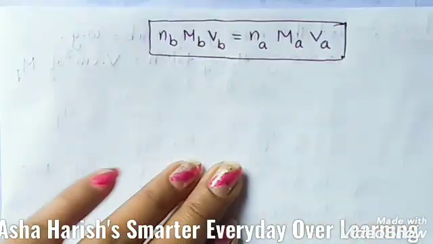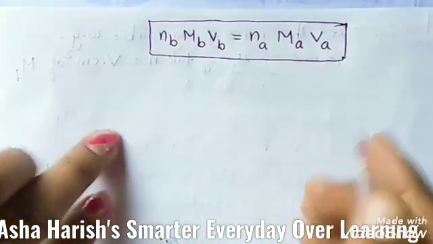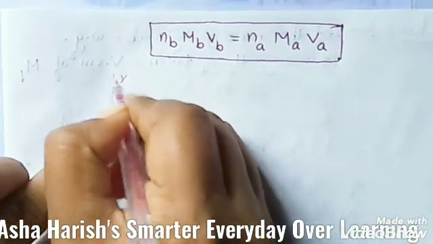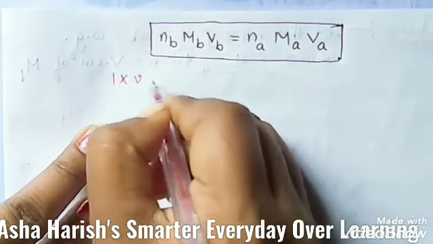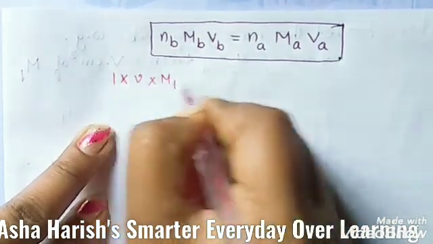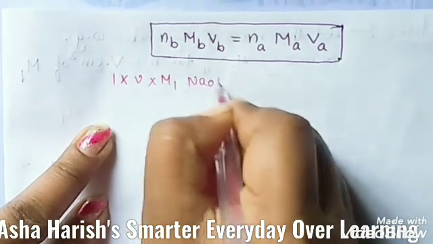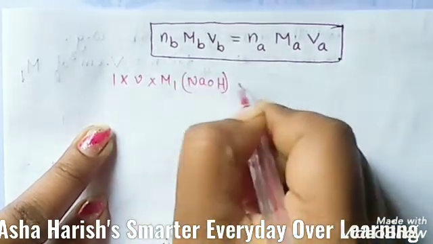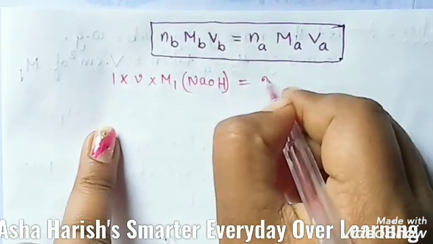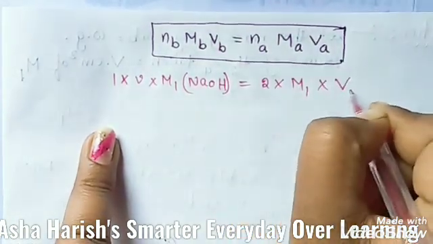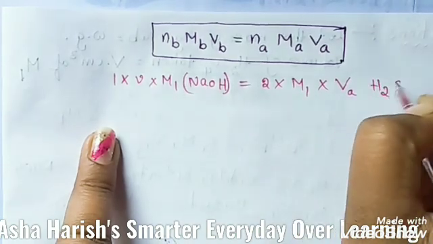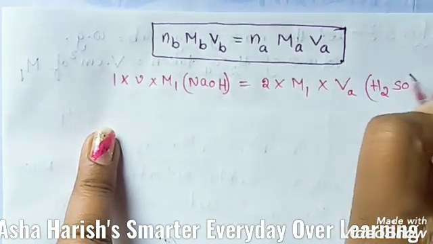Okay, basing upon this molarity equation, 1 into small v into M1, that is molarity of NaOH, this is the alkali solution, is equal to nA means 2 into M1 into capital VA of H2SO4.